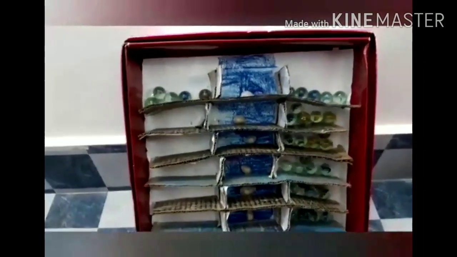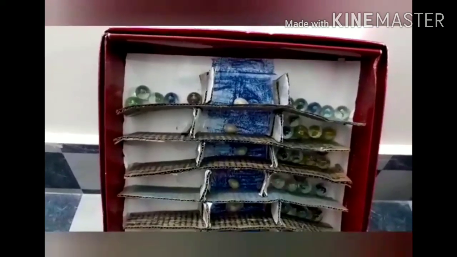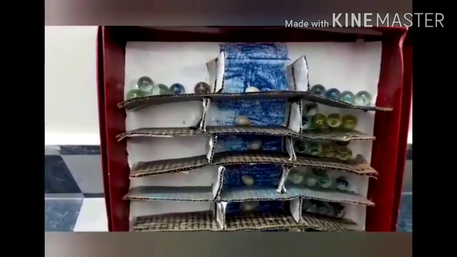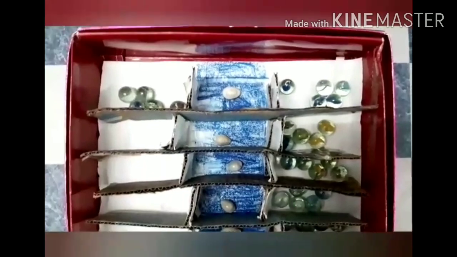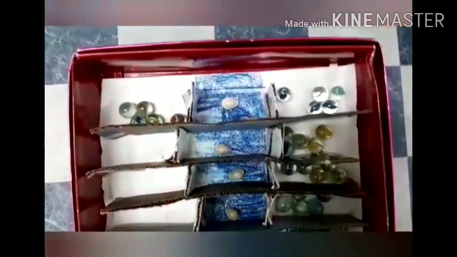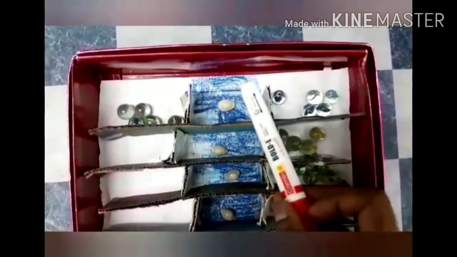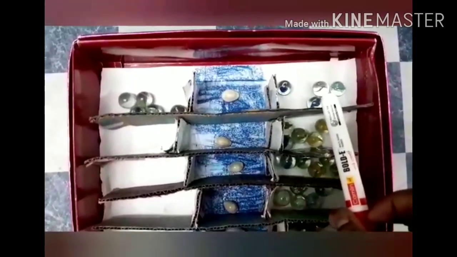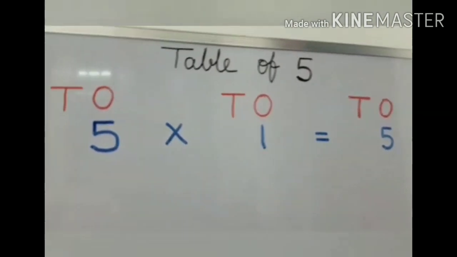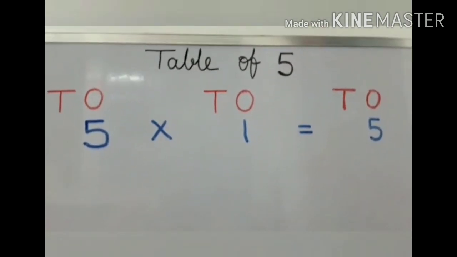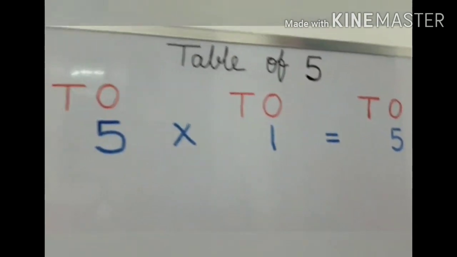Now, as I told you that we will learn the table of 5, we will start with our model. Now see children, 5 ones are 5. I have written it on the board also. 5 ones are 5.